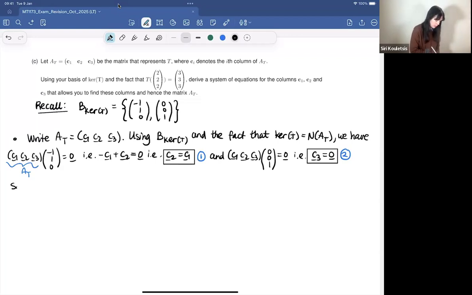And now we can update. So far we know that AT will be C1, C1 as a second column also, and then the 0 vector as the third column.